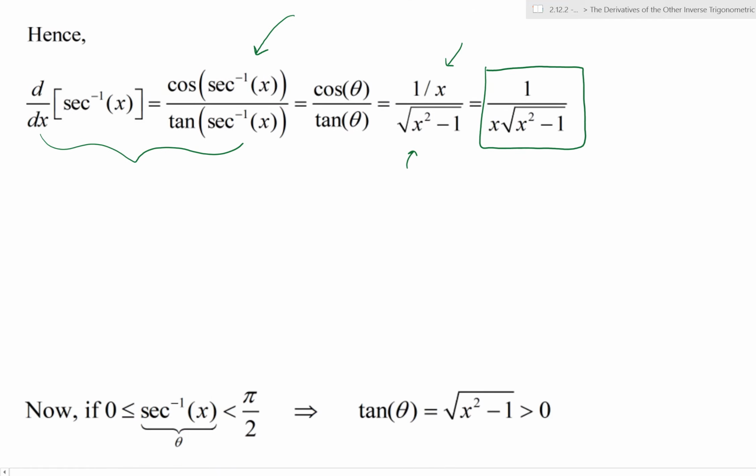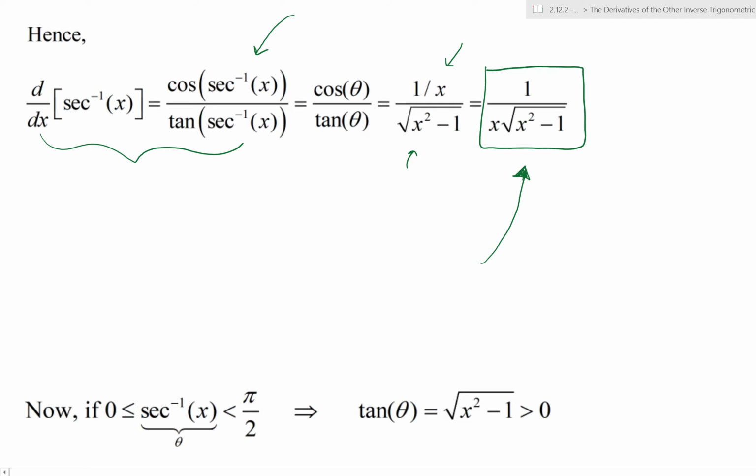Now, we got to be a little careful here because depending on what's going on, we can have some different sign changes. And so let's just discuss this real quick because we're going to slightly modify that formula above to make it perfectly exact.